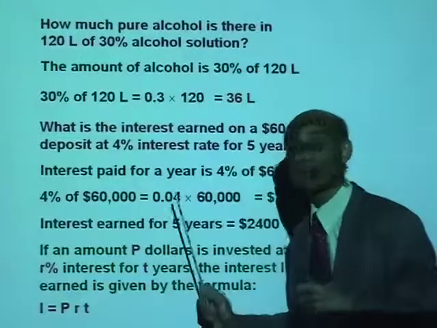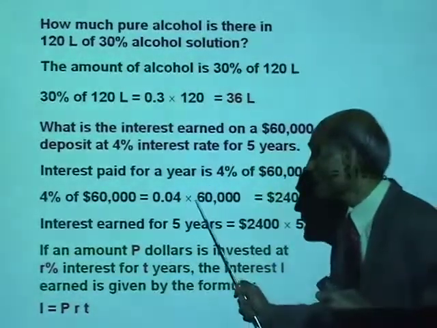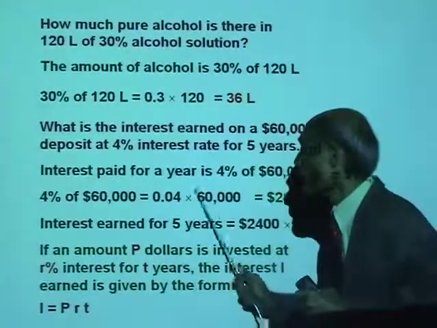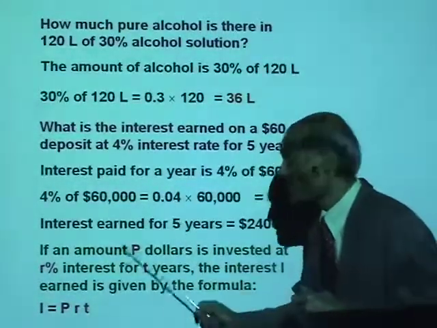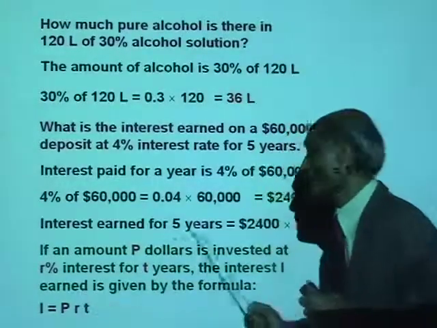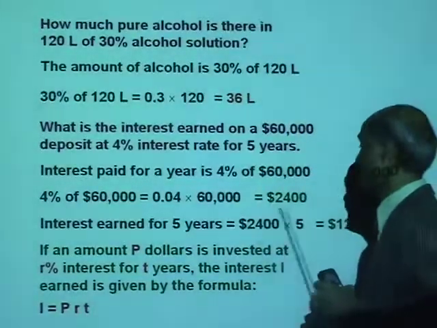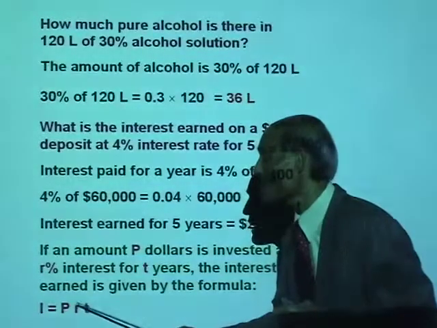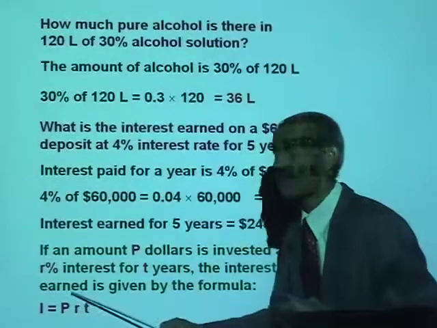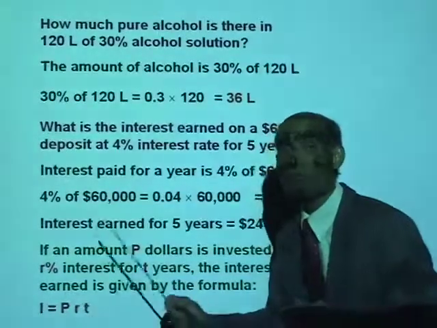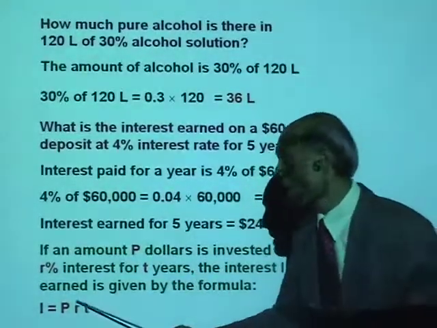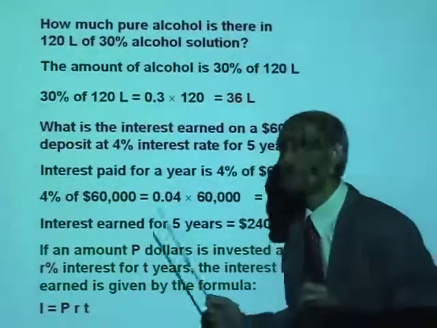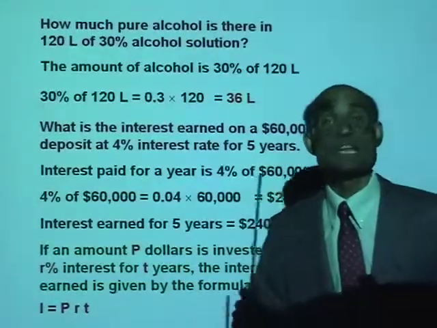So, to get the total interest, multiply the amount you invested, that is P, by the rate of interest in decimals, that is R, and by the time, the number of years. So I equal to P times R times T, where P is the amount of money you invested, R is the rate of interest in decimal form, and T is the number of years the money is invested.